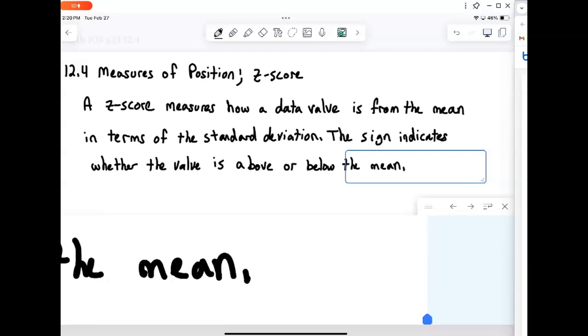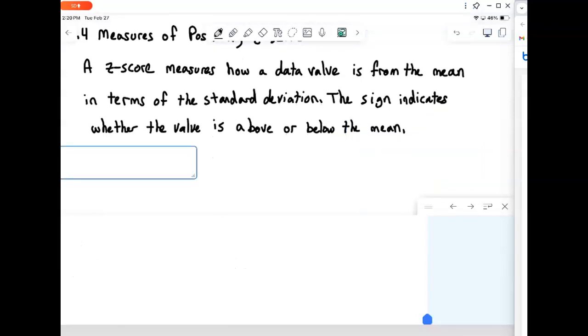Positive sign, of course, would mean that you're above the mean. Negative sign would mean that you're below the mean. Okay.